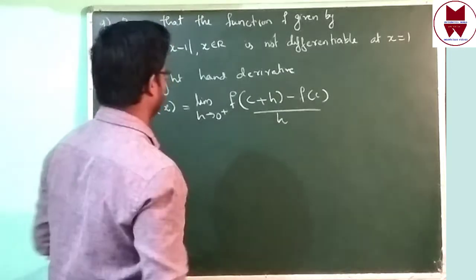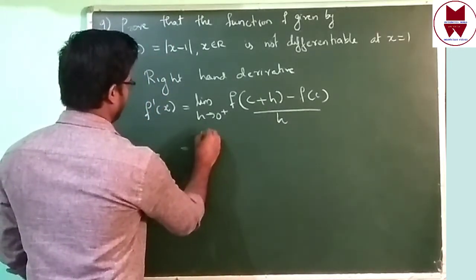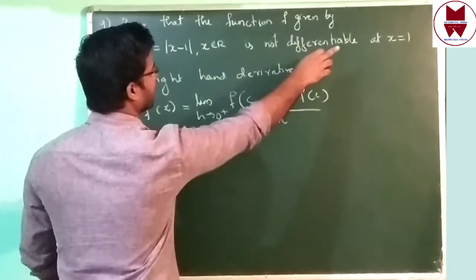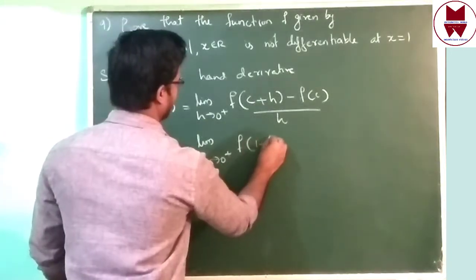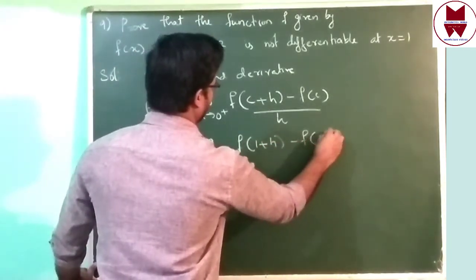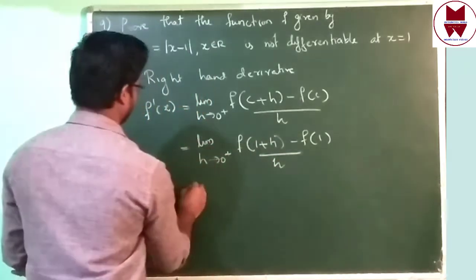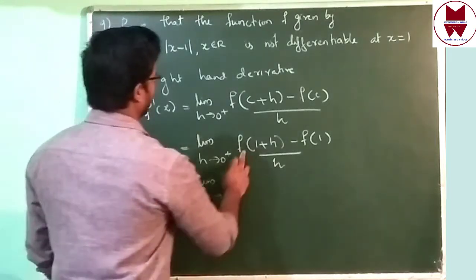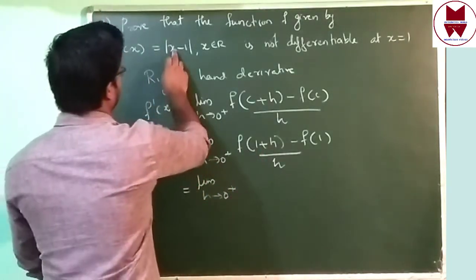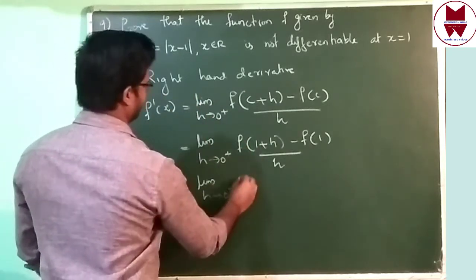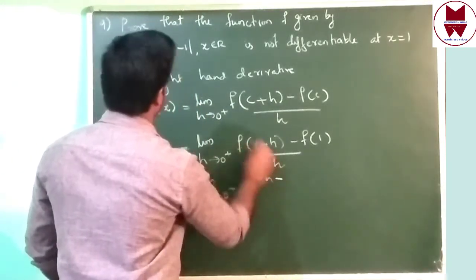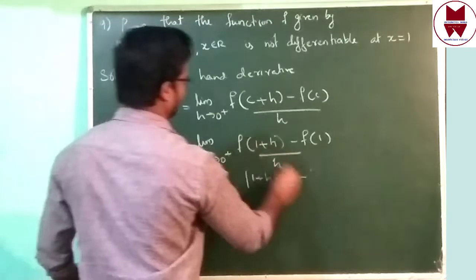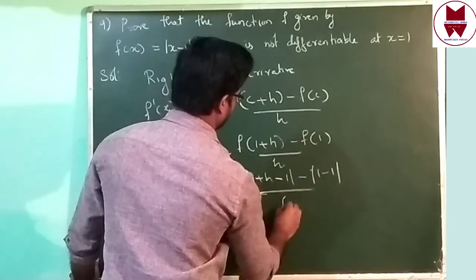Here also plus h. Limit 0 plus, f of c means that point 1, f of 1 plus h minus f of 1 divided by h. Then f of 1 plus h, given here in the place of x, 1 plus h, minus 1, and minus f of 1 means modulus of 1 minus 1, divided by h.